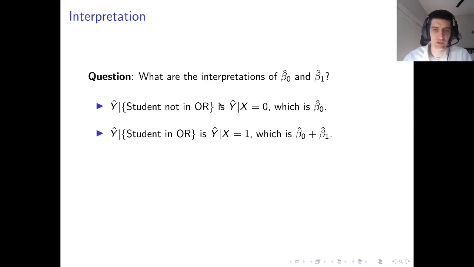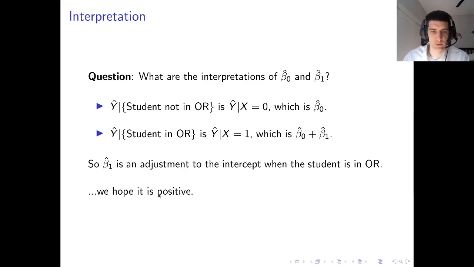So the estimate of y, given that the student is not in OR, is the estimate of y given that x equals 0, which is the equivalent condition I used to define x. Again, the beta 1 term vanishes, and we just get beta hat 0. And similarly for when x is equal to 1.